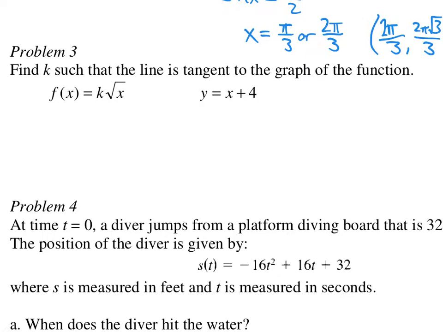We have this line. We have a radical function. We don't know how much this k is going to vertically stretch or shrink it, but we do know that the tangent line is going to be the line y equals x plus 4. Okay?